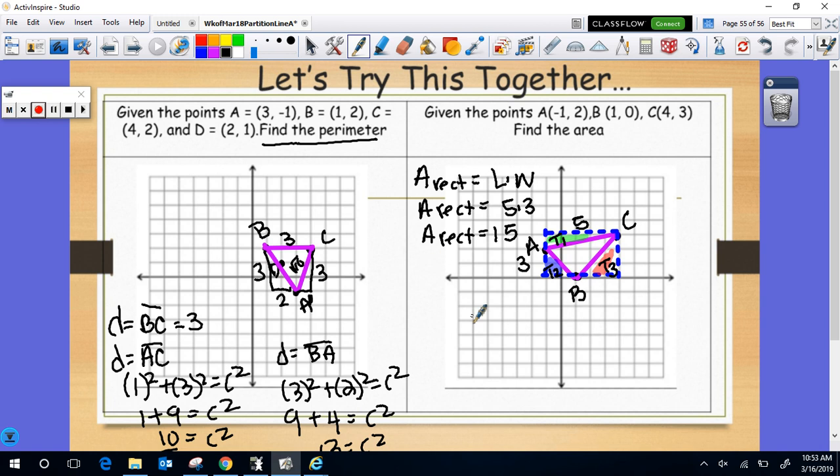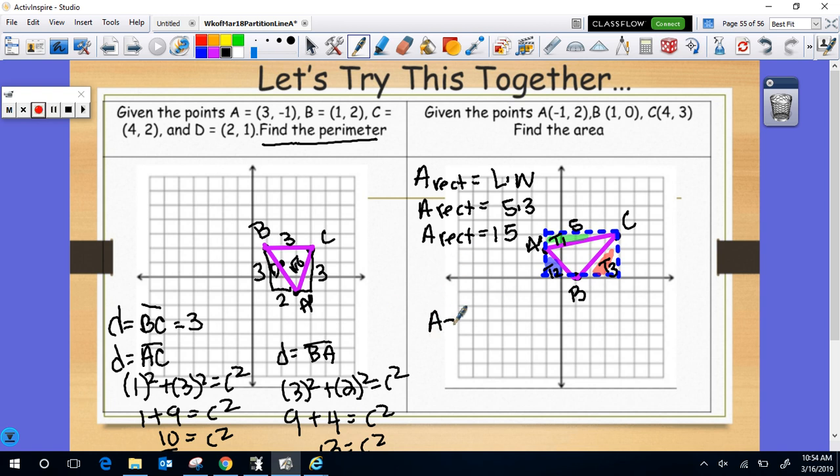And I'm going to find the area of each one of those little triangles. So this side right here is 1, and this side right here is 1, 2, 3, 4, 5. And you can count the boxes. That'll help you get that right.